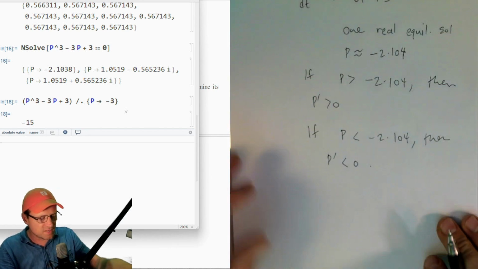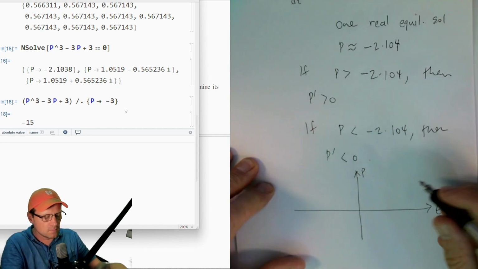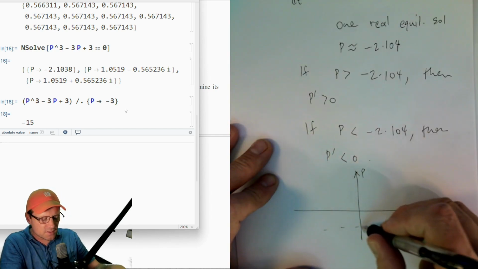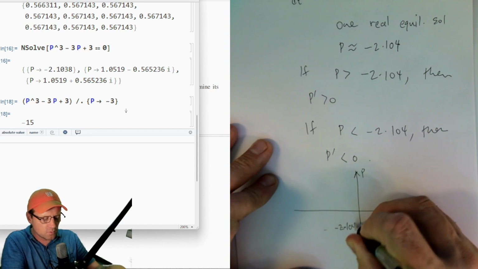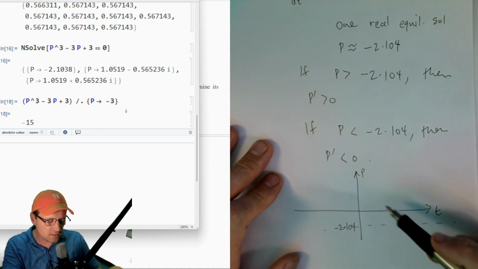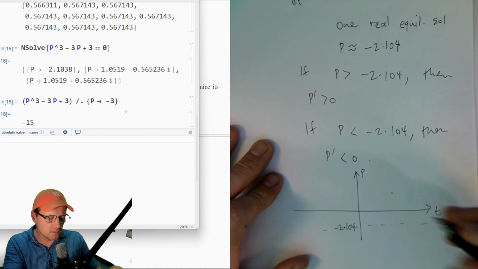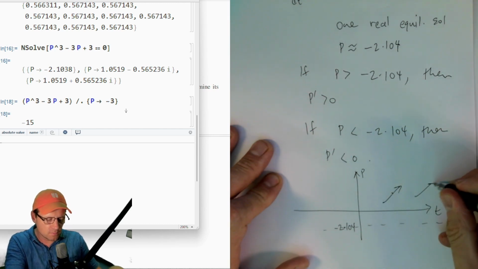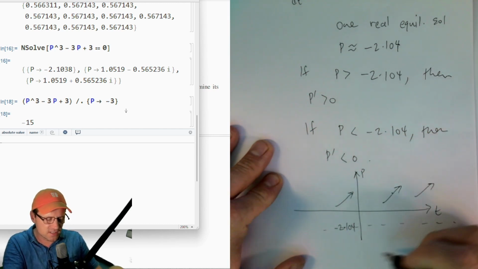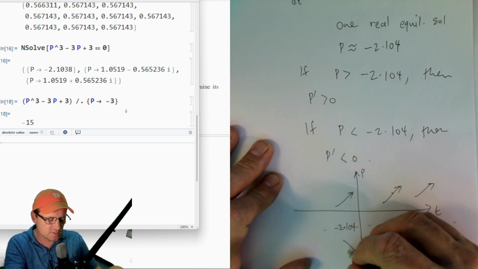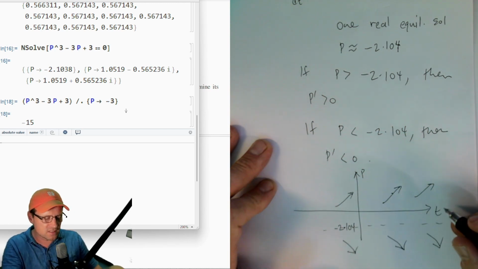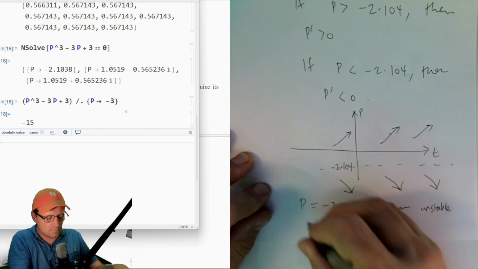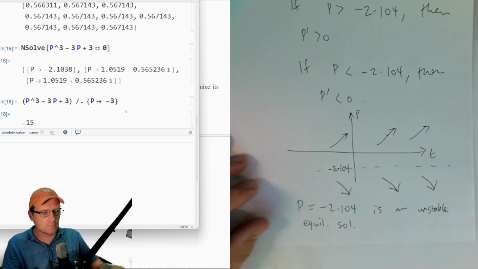Okay, so let's draw a picture of this. So here's our equilibrium solution here, minus 2.104. Okay, and so if it's above that, then we have a positive slope, or positive slopes of trajectories. If it's below that, we have negative slopes of trajectories. So this equilibrium solution appears to be unstable. All right.